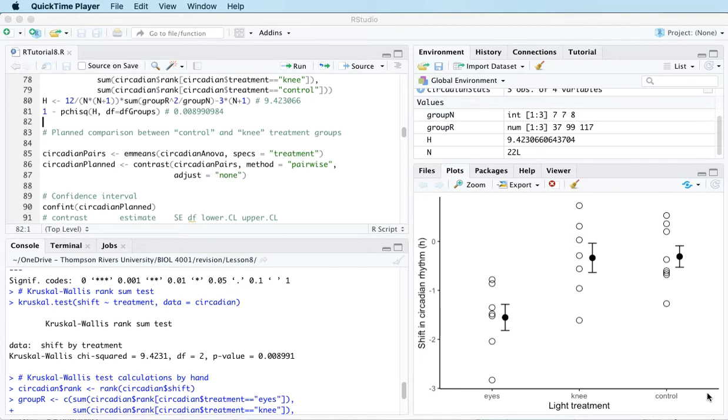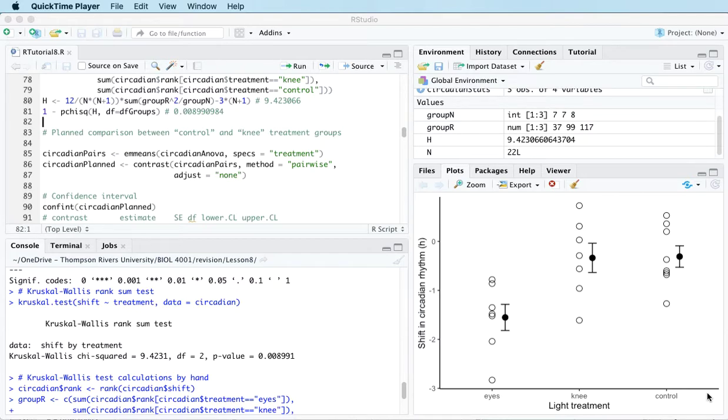Then you can do what's known as a planned comparison between those 2 levels. As long as you focus your attention on that planned comparison, that's one way to mitigate this issue of multiple comparisons, because now you're just doing a single planned comparison. That's what I'm going to talk about in this video.